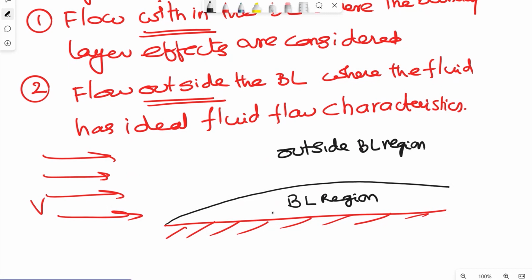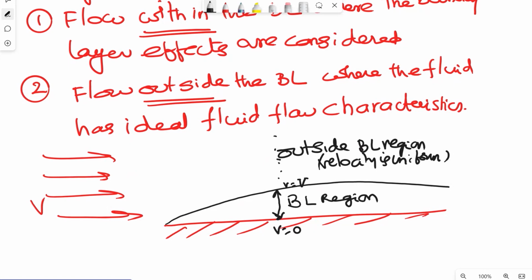In the boundary layer region, the velocity changes from v equal to 0 to, over this vertical distance, v equal to capital V. But outside the boundary layer region, the velocity is constant. The velocity is uniform anywhere you take it. Whereas within the boundary layer region, the velocity changes from 0 to V.